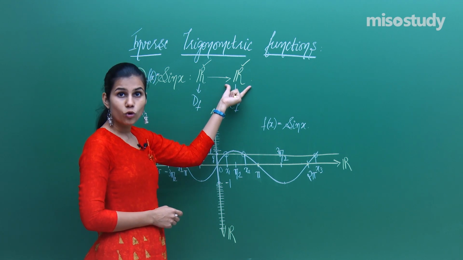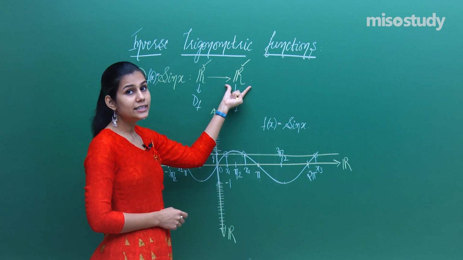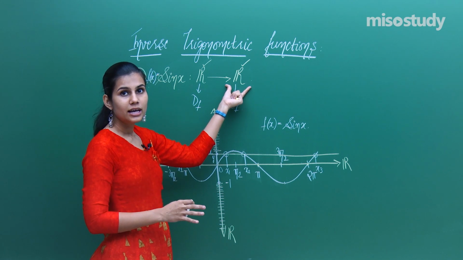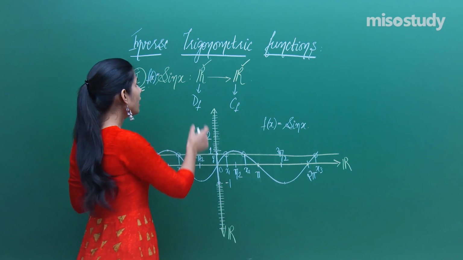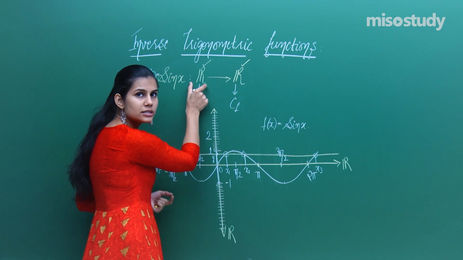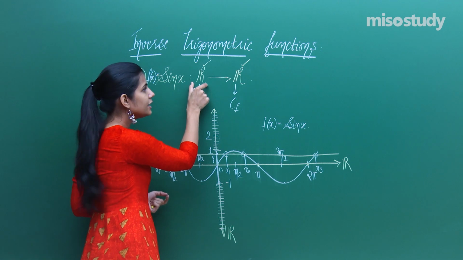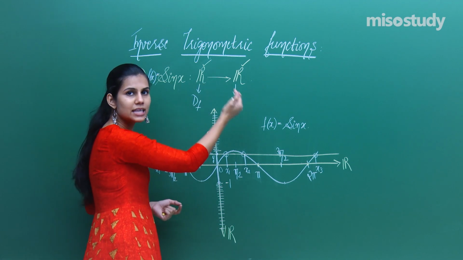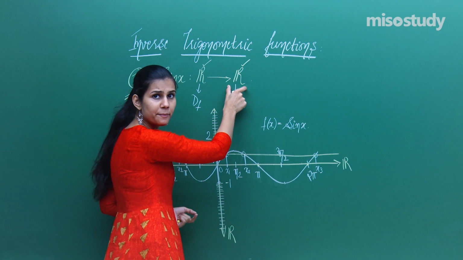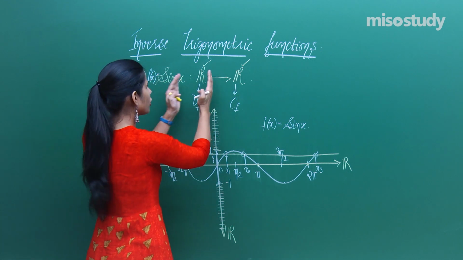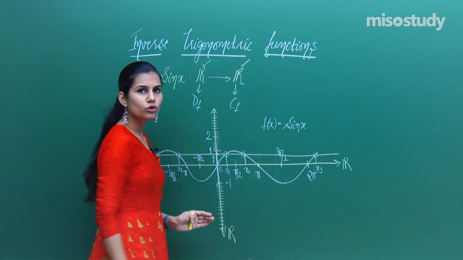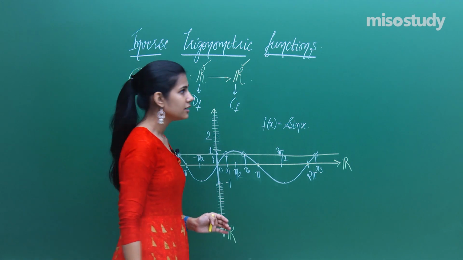And this codomain is so large that it contains many members which do not have any preimage. So to avoid repetition of images, basically to avoid members which have the same image, and to avoid members which do not have any preimage, I will have to shorten up the domain and shorten up the codomain, right?